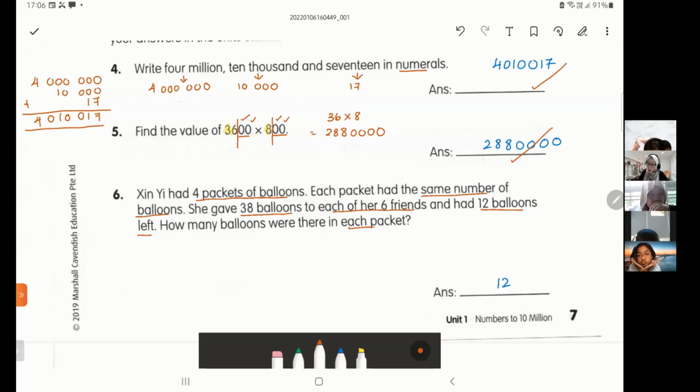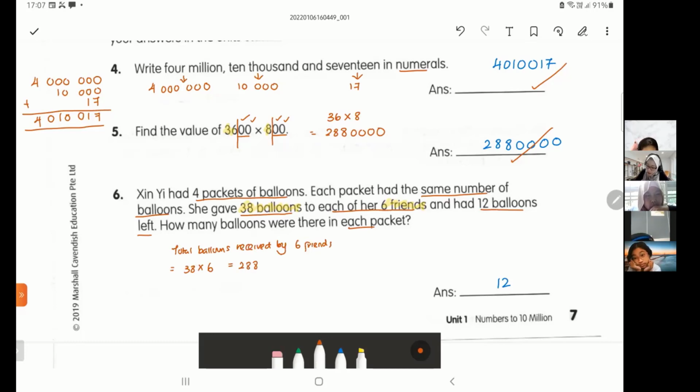Okay, so now let's look at the total number of balloons the 6 friends received. Okay, so she gave 38 balloons to each of her 6 friends. Let's find that total first, okay? Total balloons received by 6 friends will be 38 times 6, and that gives me 288.